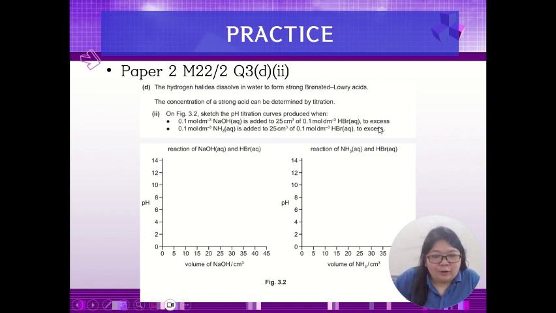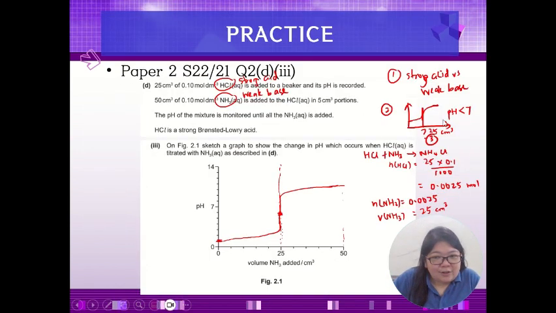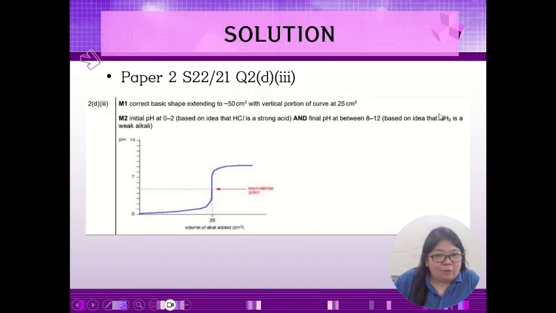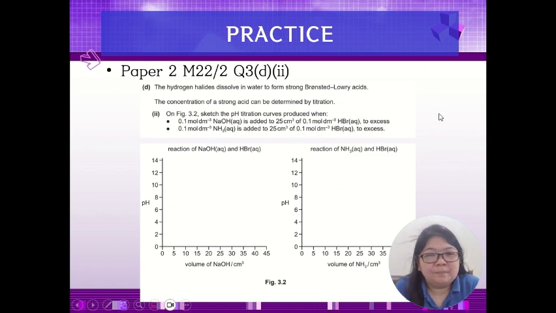So go back, look at the steps that you're supposed to follow: strong acid or weak acid, strong base or weak base. So one is sodium hydroxide with HBr, another one is NH3 with HBr. You are given the concentration and volume.